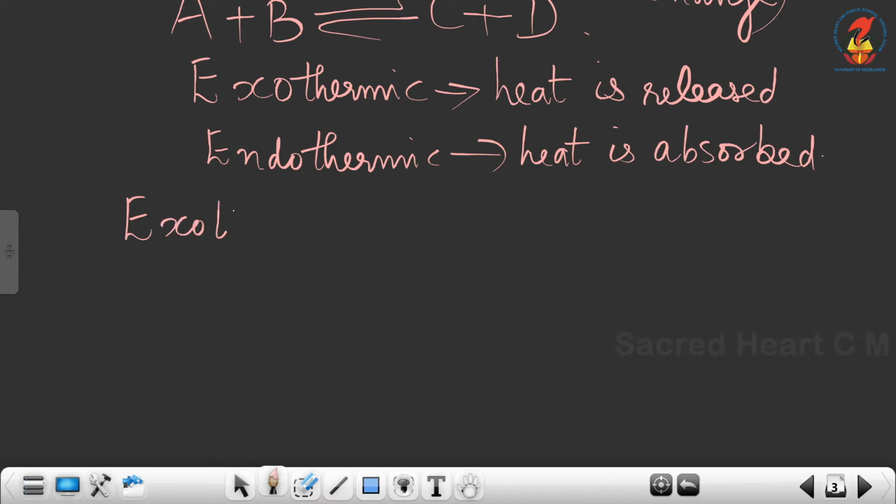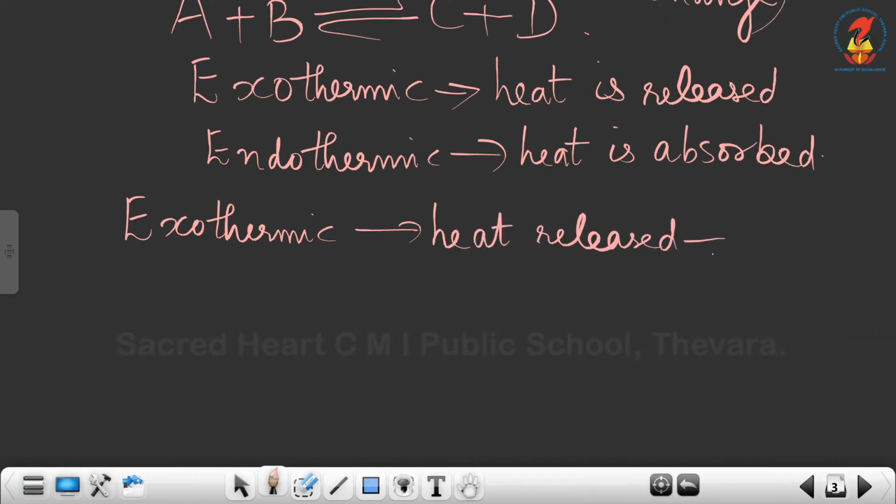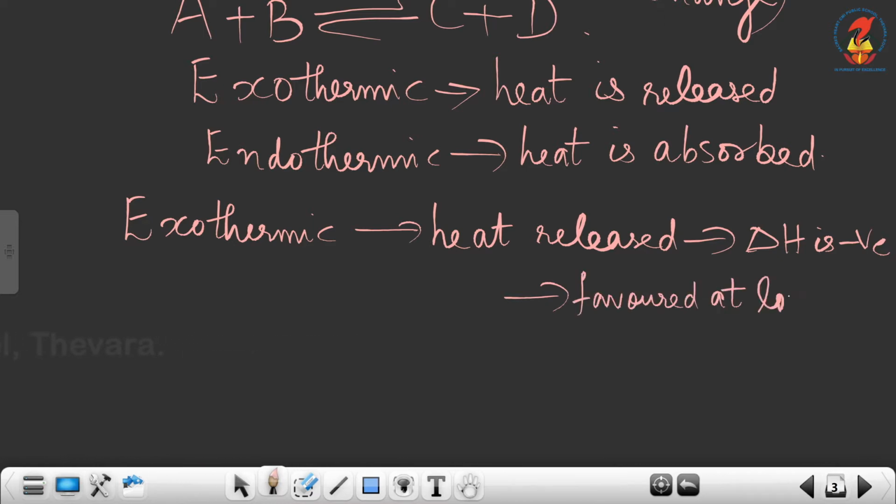Exothermic reactions: heat is released, delta H is negative, and this is favored at low temperature. Very important point.